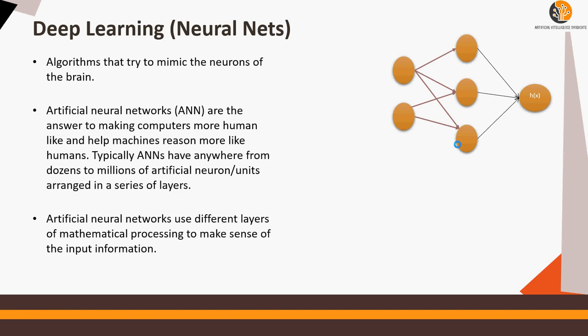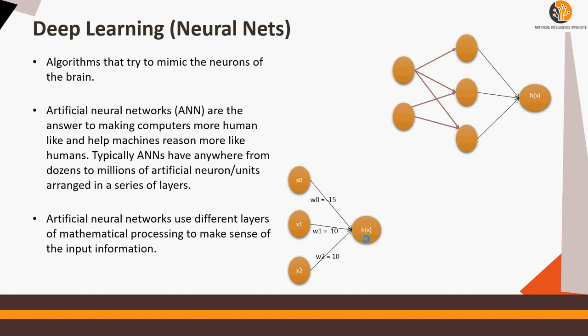So you have x1 and x2 as input, and x0 is a constant. These lines are having different weights. Weight 0 for x0, weight 1 for x1, and weight 2 for x2. These are some arbitrary numbers which we have taken into consideration. And this h of x is going to be an AND activation, logical AND activation function.